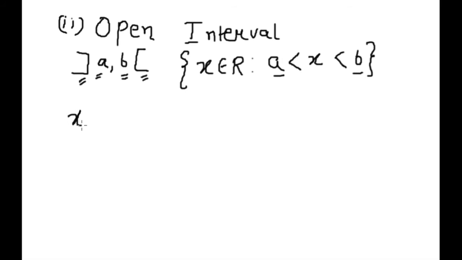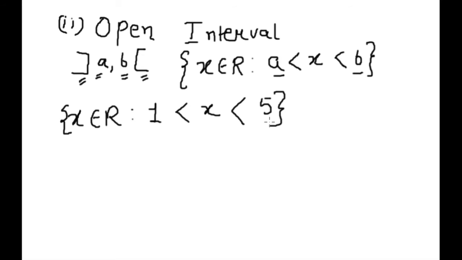For example, x is an element of R such that x is greater than 1 and less than 5. Then we will write x is equal to 2, 3, 4.